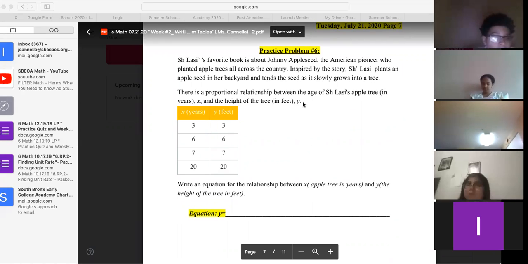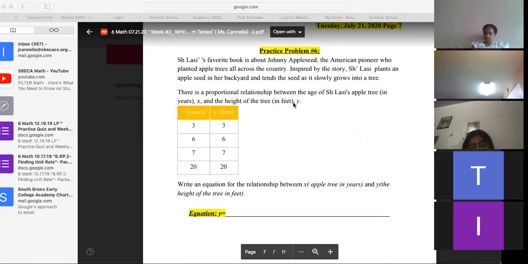Mr. Smith, the question's in front of you. Hazel's favorite book is about Johnny Appleseed, the American pioneer who planted apple trees all across the country.